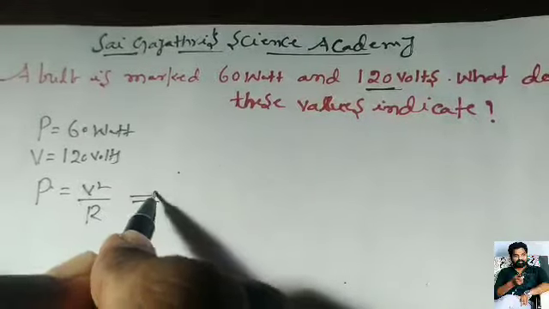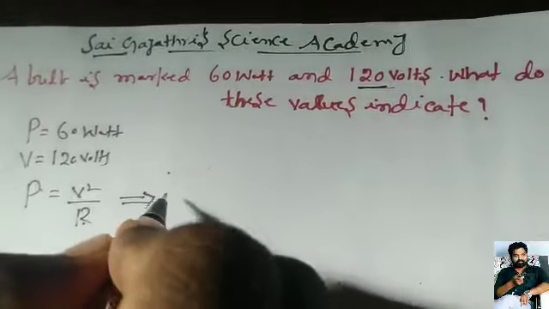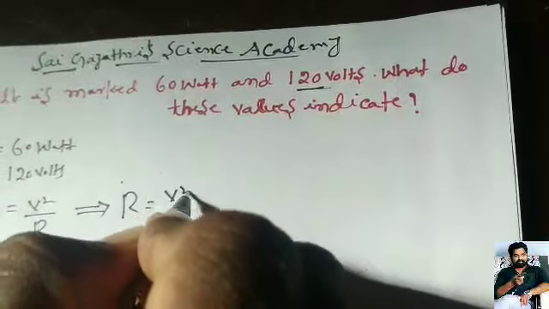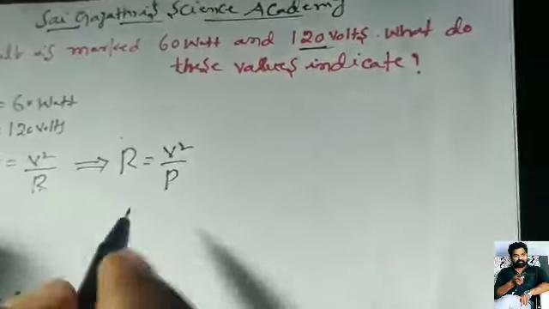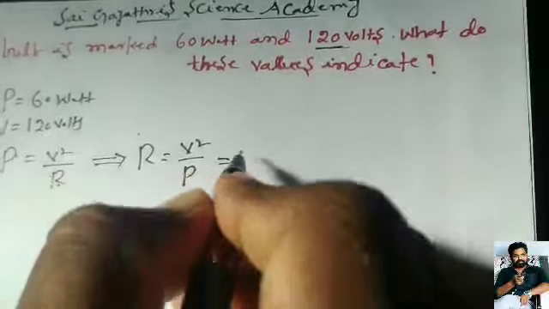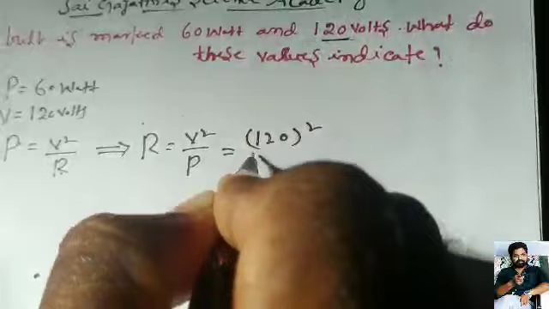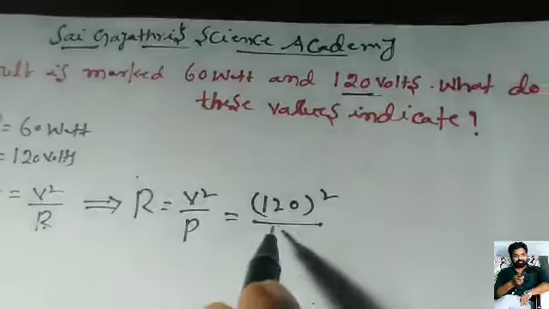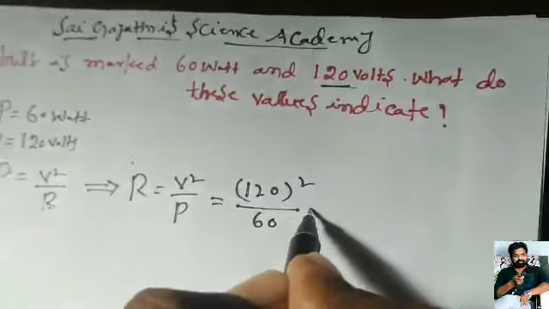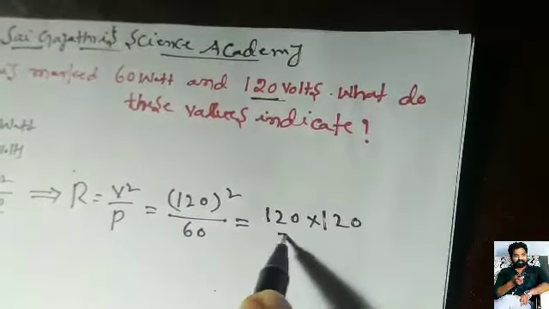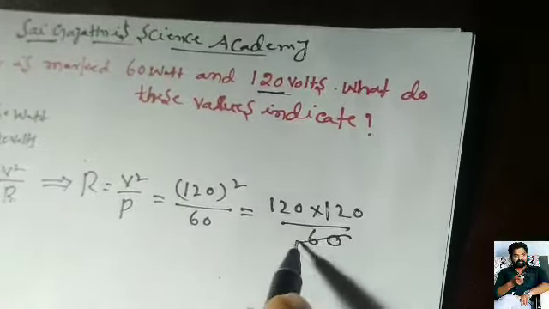From this relation, now we want to find resistance. R equals V square by P. Here V is given, that is 120. So that is V square by P, 60 watt. That is 120 into 120 by 60.